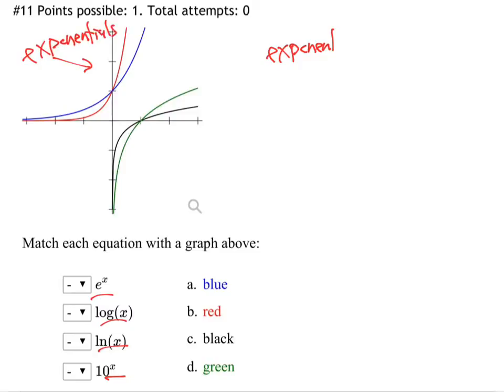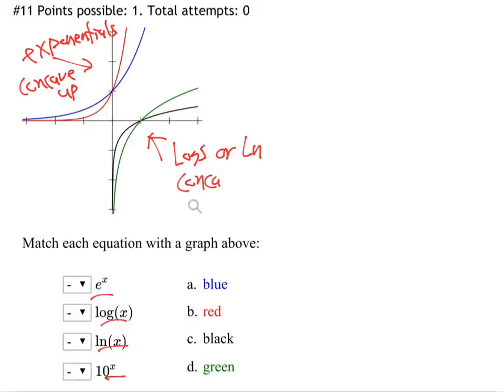Because they're rocketing up. And these 2 are the logs, log or natural log, I'll say, because they're not going up, they're concave down. So exponentials are always concave up, they're like a bowl turned up. And logs are concave down, they're like a bowl turned down.